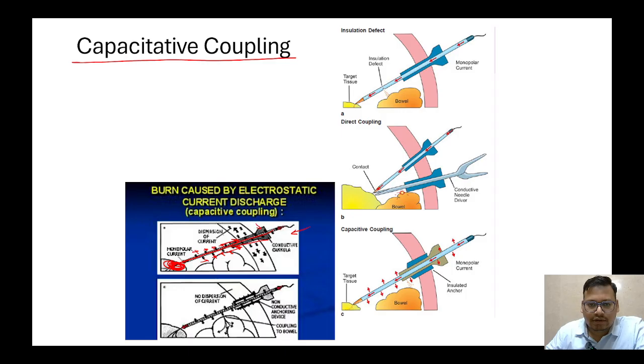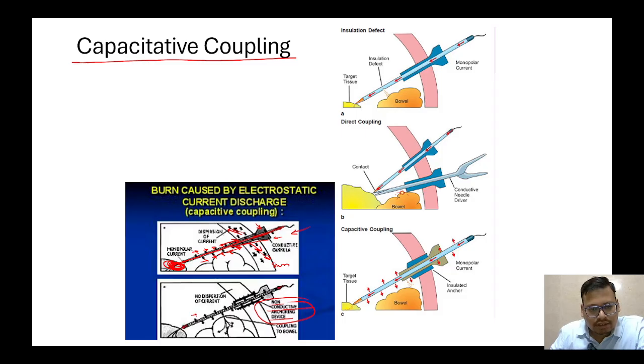Suppose this is the metallic cannula through which we are doing laparoscopy. This current passes through the metallic cannula and is transferred to the skin surface of the patient, and there is no injury to the surrounding tissue. But what happens if you are using an insulated, non-conducting anchoring device?